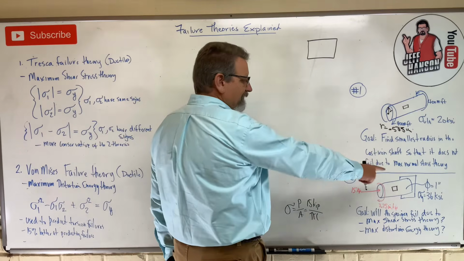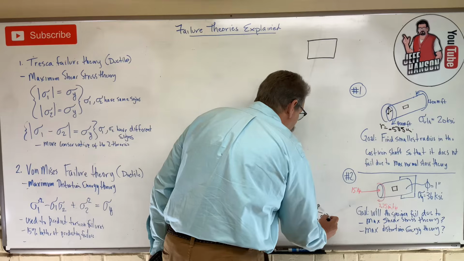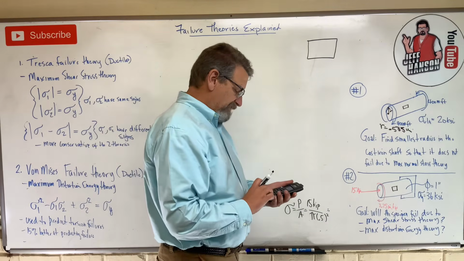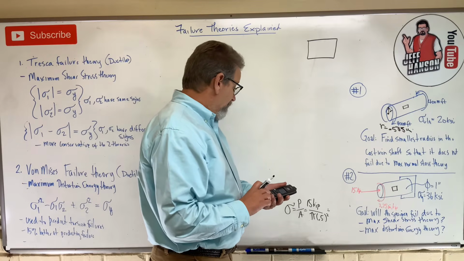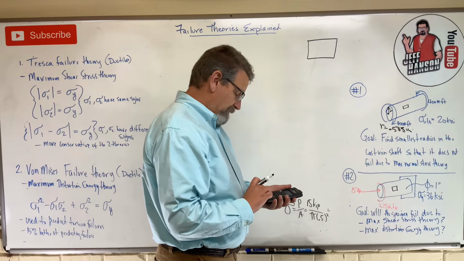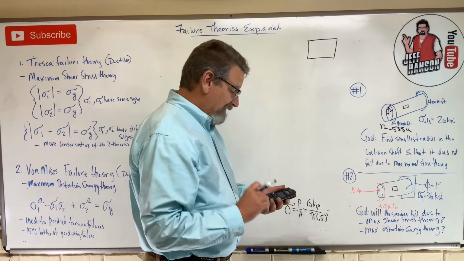And r is, it's an inch diameter, so 0.5 squared. What is that equal to? 15 divided by pi, divided by 0.5 squared, equals 19.1.